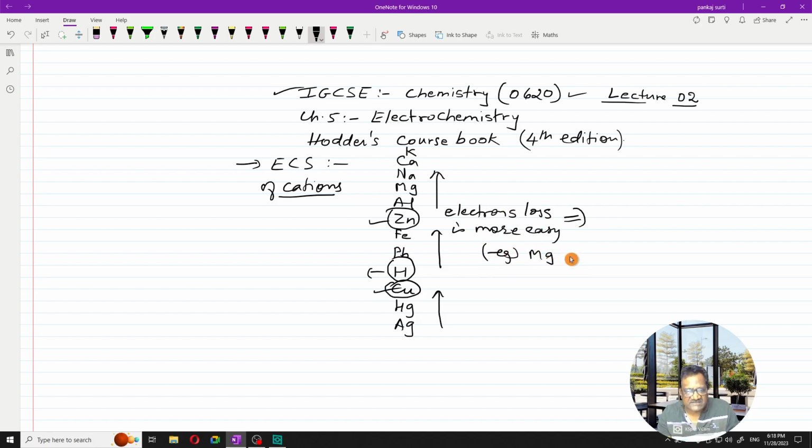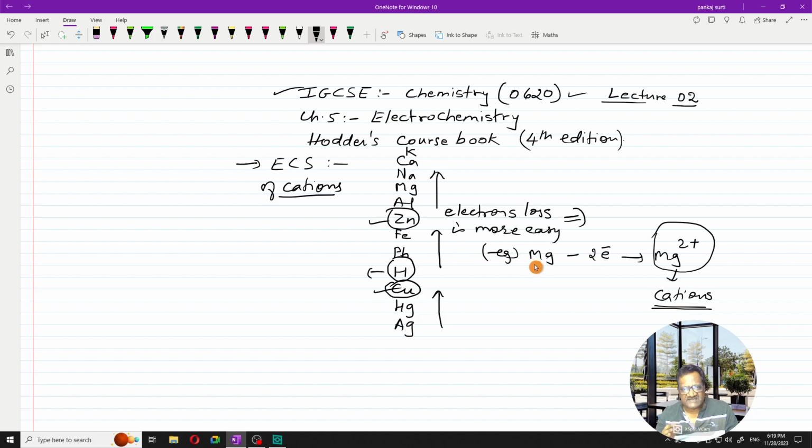This magnesium will lose 2 electrons because it has 2 electrons in the outermost orbit. It will lose 2 electrons to give you magnesium ion with a 2 positive charge. This Mg2 plus is known as a cation. Cations are ones which have positive charge.